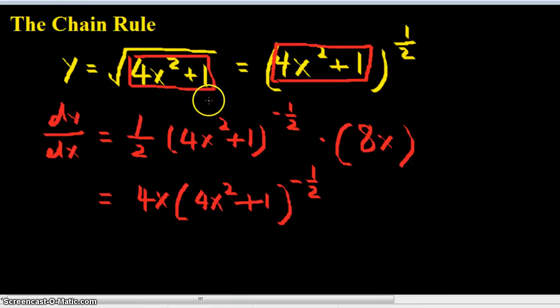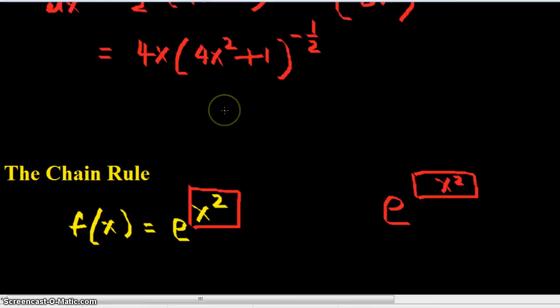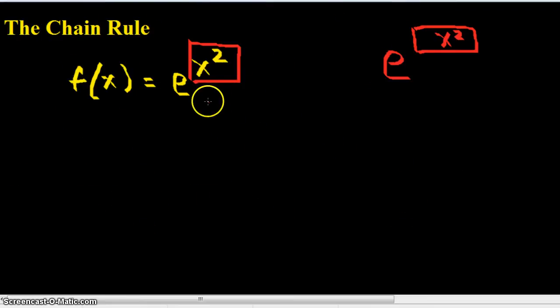And then we just applied the power rule to the square root function first, and then the second step is to find the derivative of the quadratic, right? So here, for this f of x is equal to e to the x squared, this is a quadratic function inside an exponential. So that's why I put a red box on the quadratic.